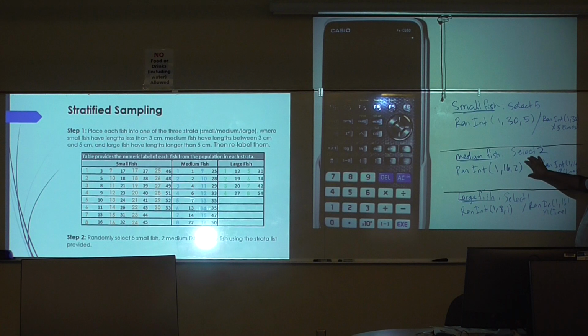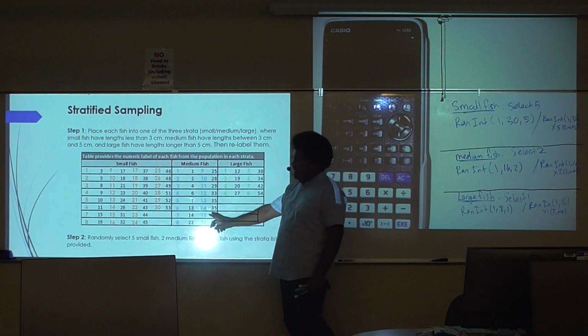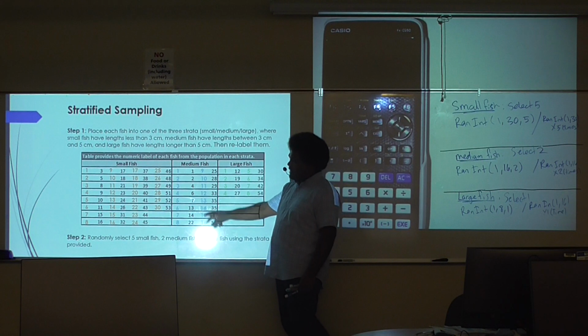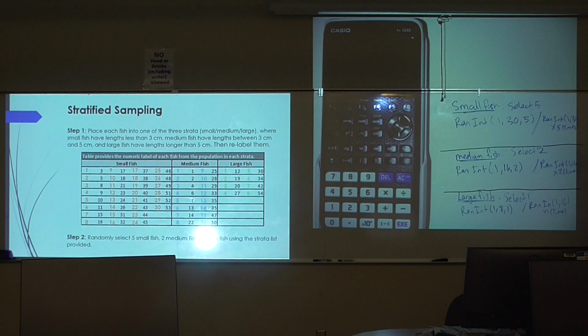Medium, similar idea. I'm going to select 2, so I'm doing randInt(1, 16, 2), because the last label that we had for the medium strata was 16.